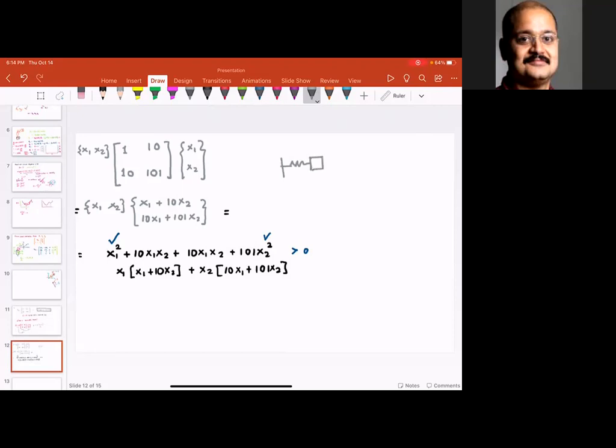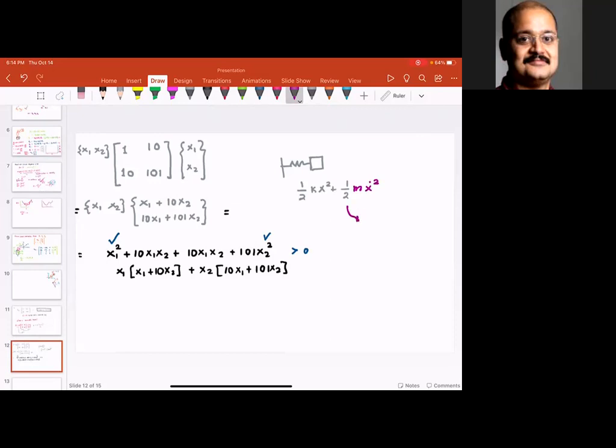I'm going to find out the kinetic energy of the spring, the potential energy of the spring, and the kinetic energy of the mass. So m x dot square.